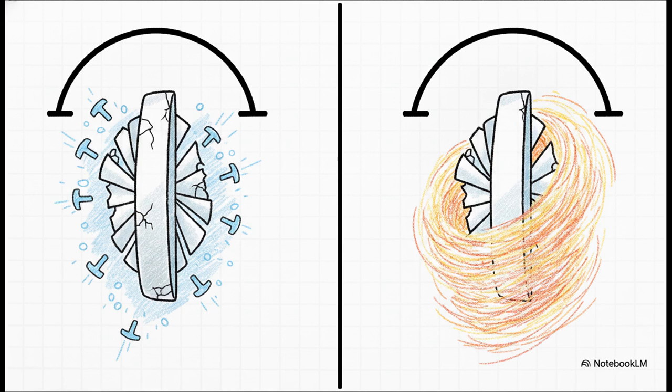By pushing steam through a superheater, the temperature gets raised well above its saturation point, which dries it out completely. And that is vital, because any liquid condensation traveling at high speeds in those high-pressure lines acts like a barrage of tiny hammers. It can literally destroy turbine blades and piping. Superheating ensures the steam contains almost zero moisture, which protects the equipment and vastly improves the plant's thermal efficiency.